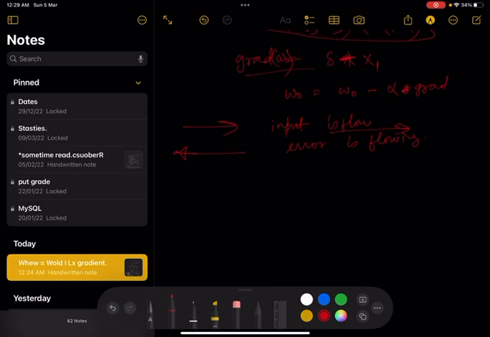That will be delta, or del C by del z. That delta will flow in the backward direction. At any node, it will be the weighted sum of deltas from the next layer multiplied by the derivative of the activation function of that layer, because the activation function is the same across the layer for all the nodes.